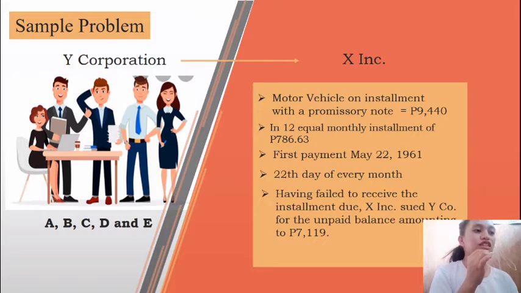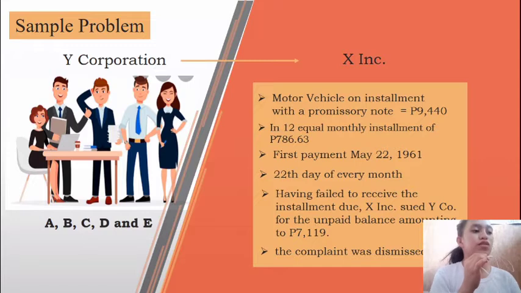Having failed to receive the installment due, X Incorporation sued Y Corporation for the unpaid balance amounting to 7,119 pesos. So Y Corporation failed to pay its obligation, and X Incorporation made a complaint against Y Corporation. A, B, C, D, and E were co-defendants, representing themselves as co-defendants and at the same time as the general partners of the partnership.